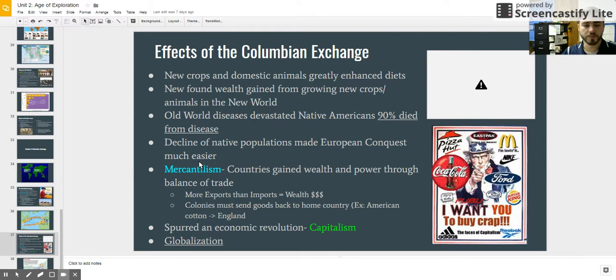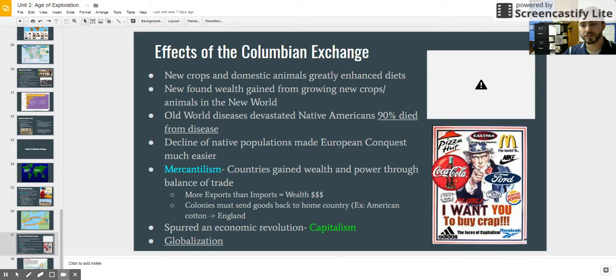The Europeans that came over were making a lot of money through mercantilism, and this is an important term because this is how they made all their wealth. Basically, they said it's more important to have more exports than imports. You're going to gain money by selling more than you buy, because if you buy too much, you're going to spend all of your money.